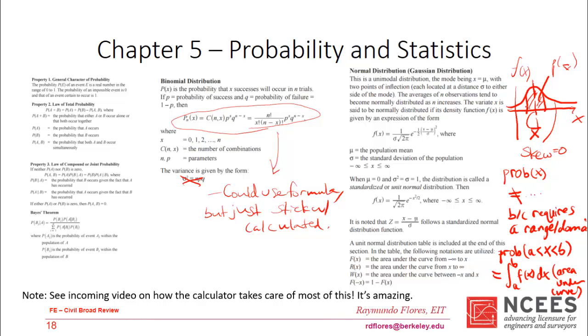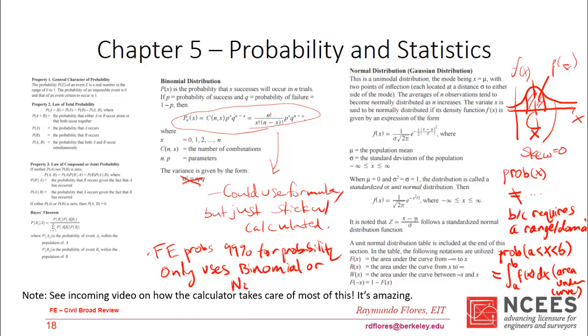Now let me tell you something else that's good. For FE problems, 99% of the time, probability only uses the binomial or normal distribution.